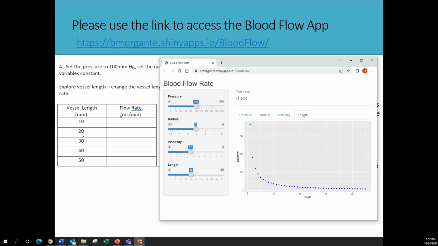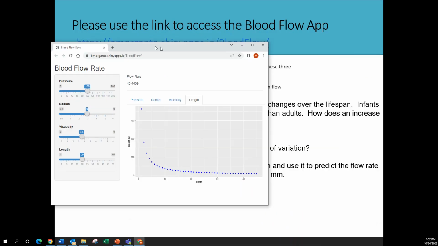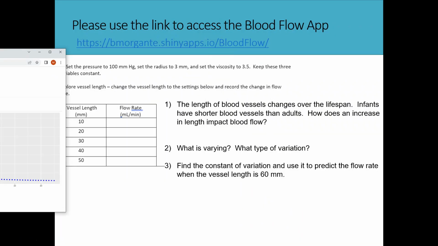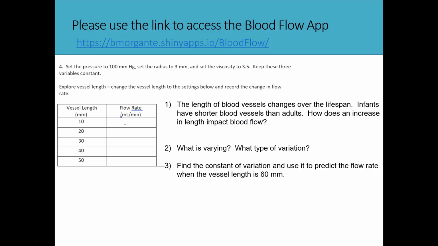And so I'm going to go through and do all of these, and I'm going to record my data here on my PowerPoint. So I have done these ahead of time, and I am going to just take time to write them in so that we can look at our data. So this first one we did together is 90.8818. Next one we did together was 45.4409.